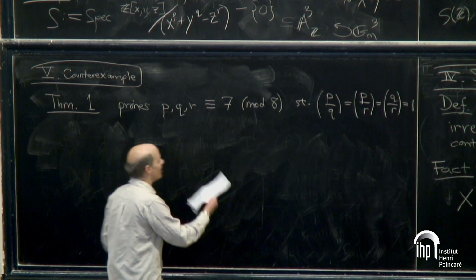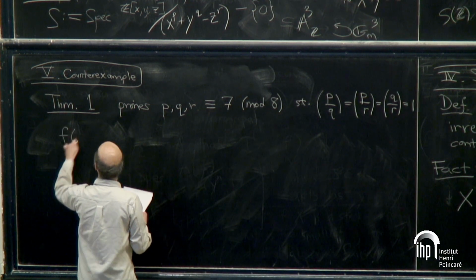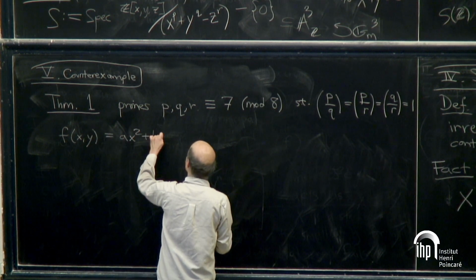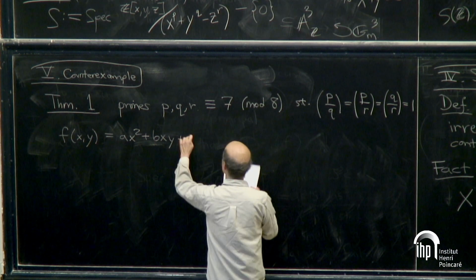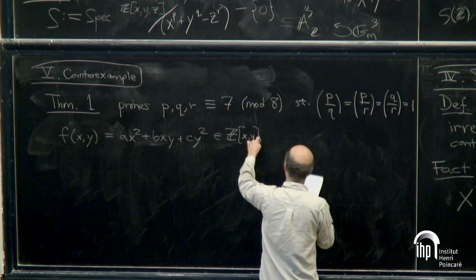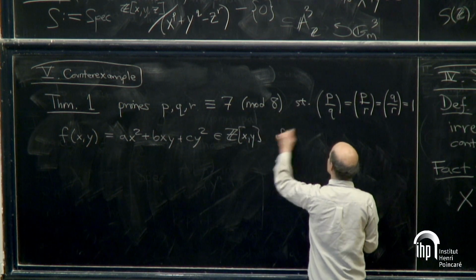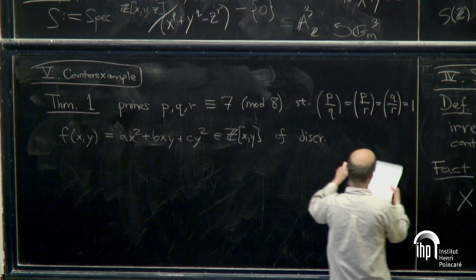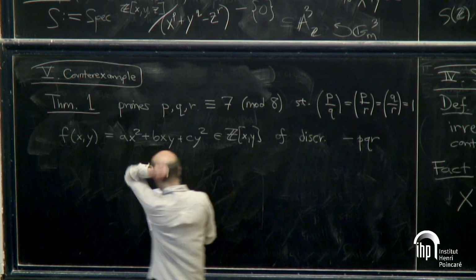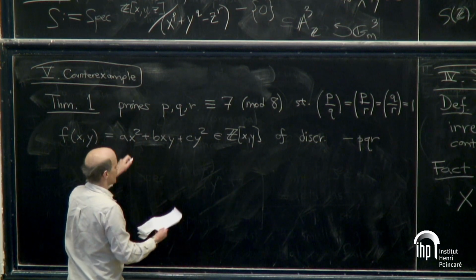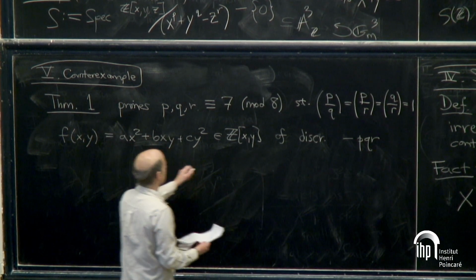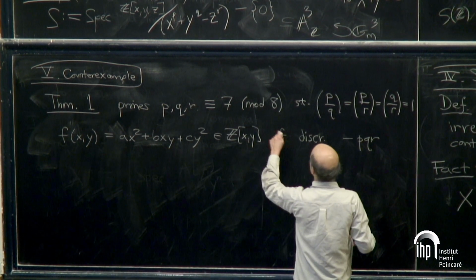Let f(x, y) be an integral binary quadratic form of discriminant equal to minus PQR. So it's positive definite.